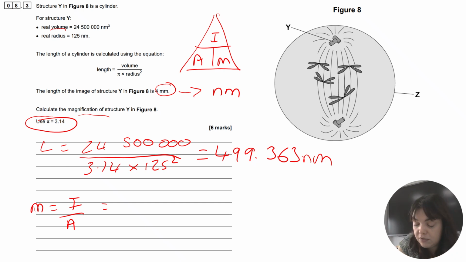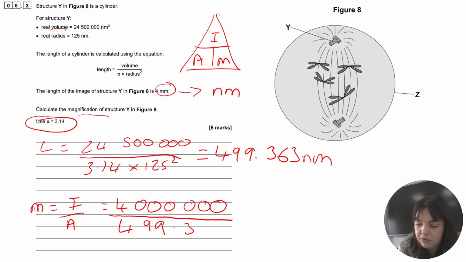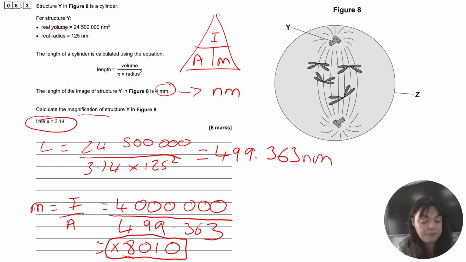So the image is 4 million, and we divide that by 499.363, and that comes out at 8,010. So that there is my answer.